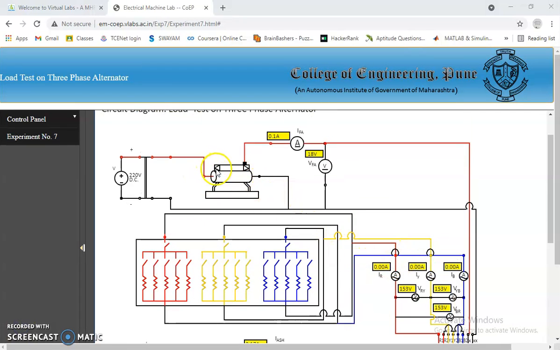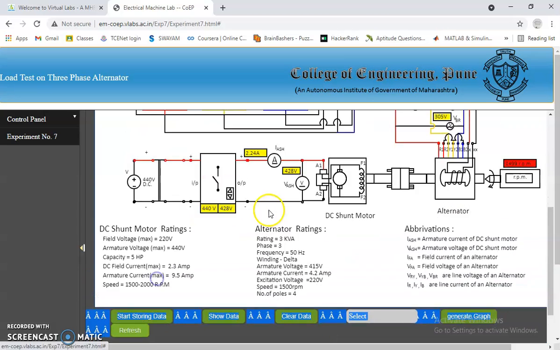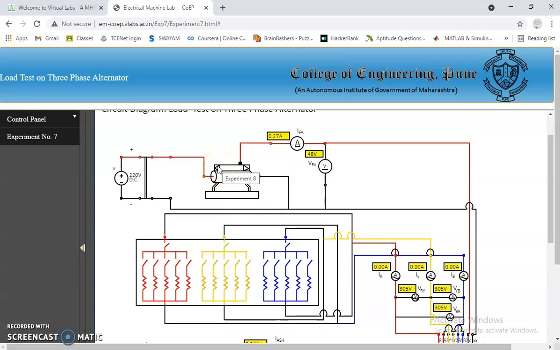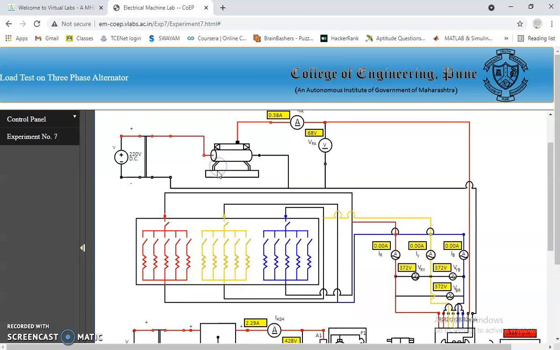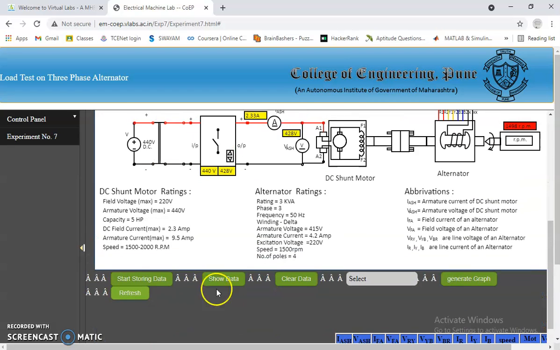We can increase the voltage up to its rated voltage, and start storing the data at the same time. Now it reaches the rated voltage, that's maximum up to 413 volt.